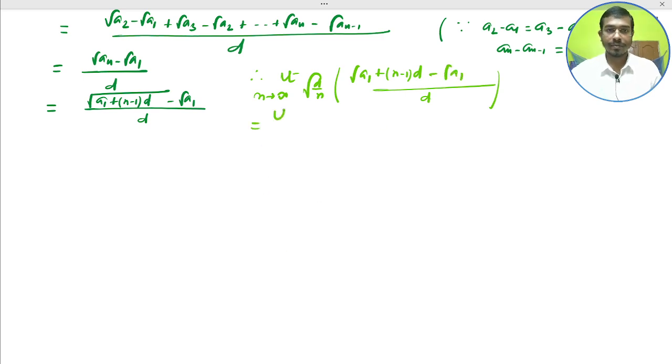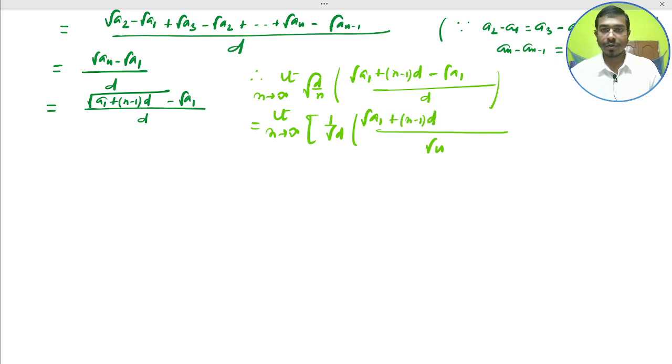Simple calculation. Limit n tends to infinity 1 by root d, and within the bracket this is the root n. Simple calculation: root of a1 plus n minus 1 into d minus root a1.